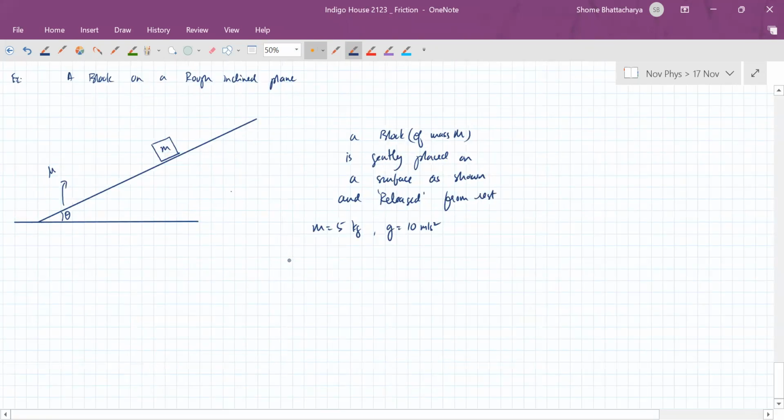Now in the first case, if the coefficient of friction is 0.8 and theta is equal to 37 degrees, then find the acceleration, if any, and the magnitude of friction.